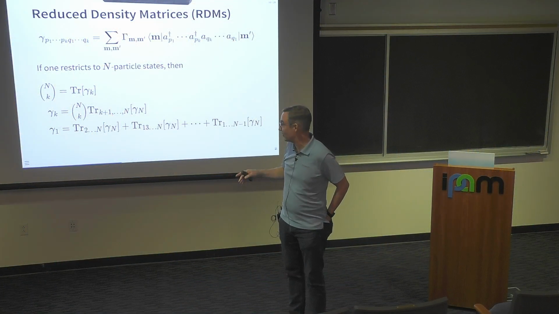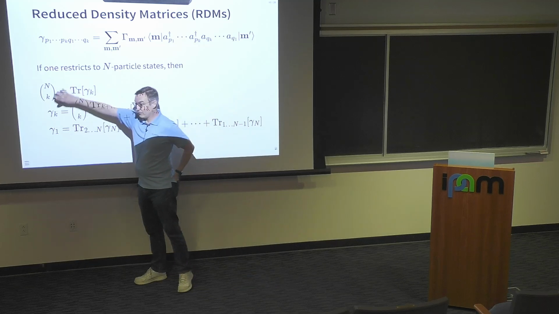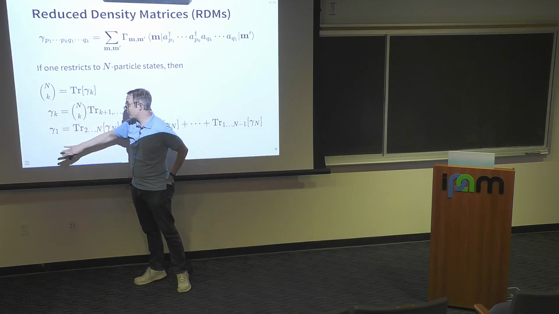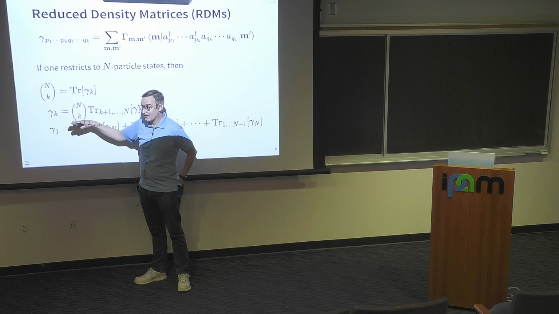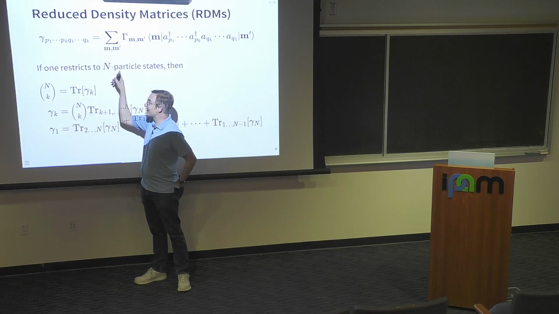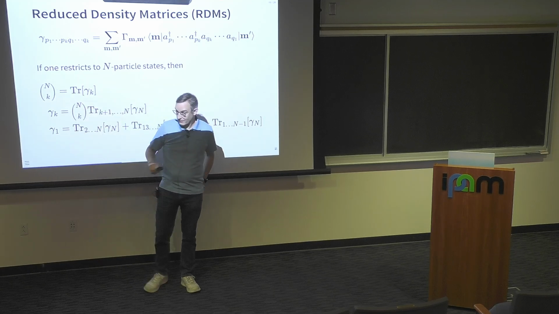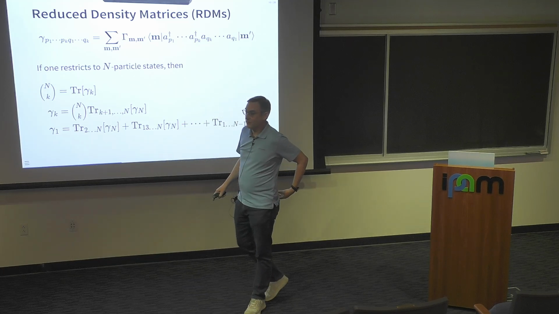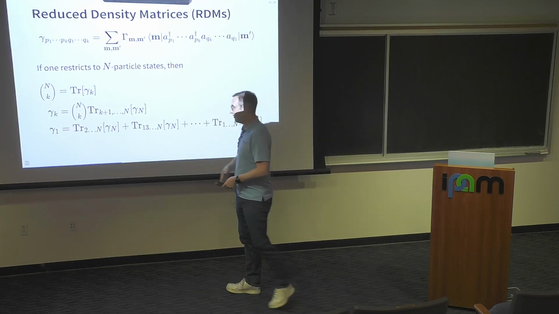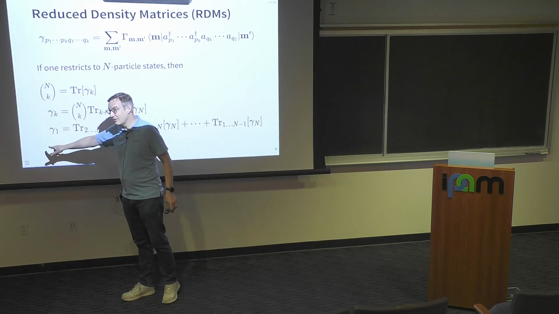So I'm not restricting to a specific n-electron Fock space, in which case these things are no longer, I mean, we can define this with a partial trace, but we need to be careful. It will not satisfy this normalization convention if it's over the whole Fock space. And with the exception of the 1 electron case, it does.